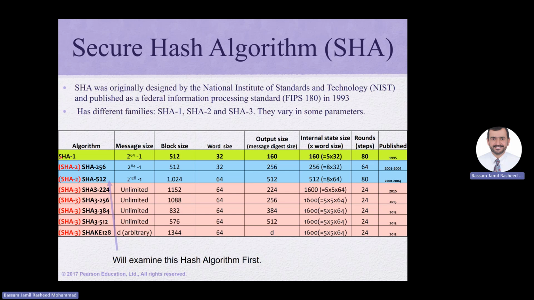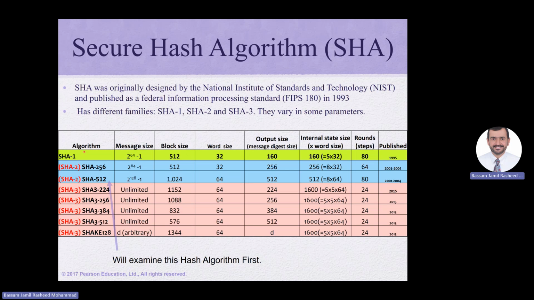The first SHA was SHA-1, then the second generation SHA-2, and third generation SHA-3. Keep in mind that for every algorithm, we can talk about its characteristics or parameters. One of them is the maximum message size, for instance, the block size, the word size. The output is very important because this is what determines security, along with the complexity of the hash function. Internal state, rounds, and when it was published.